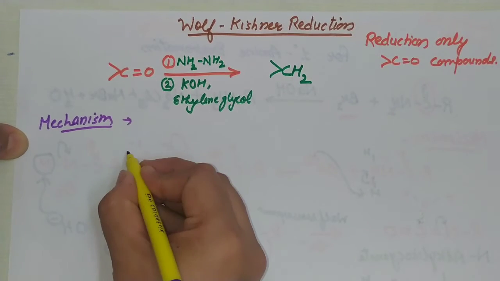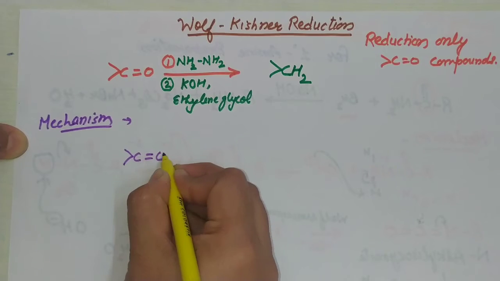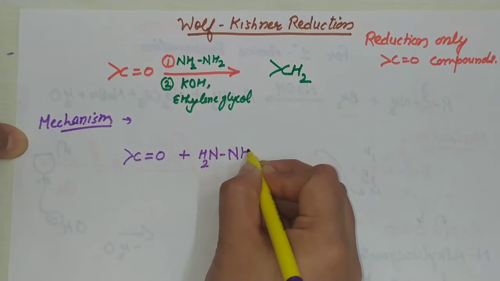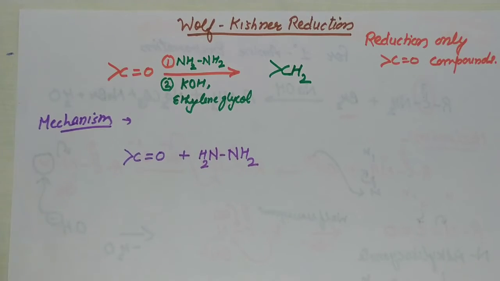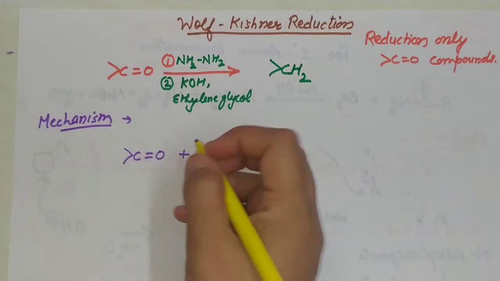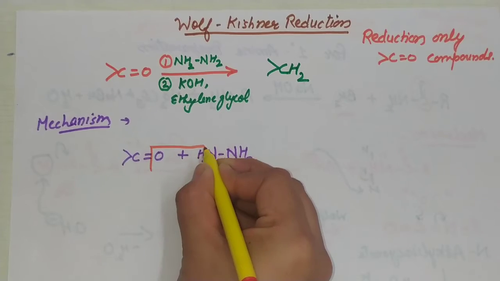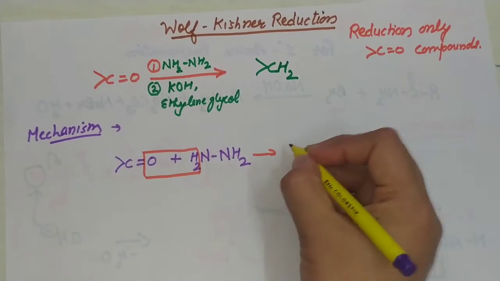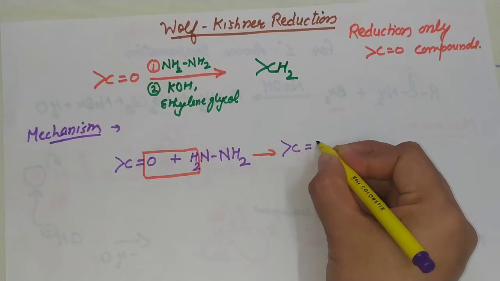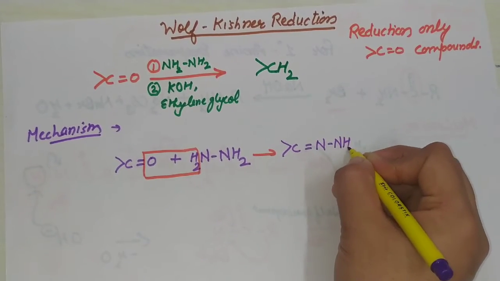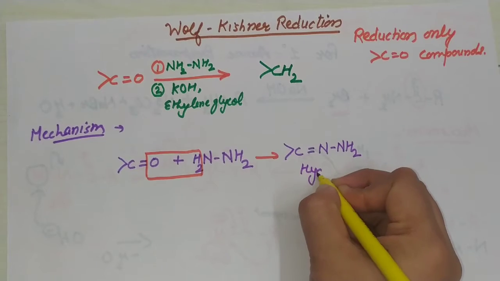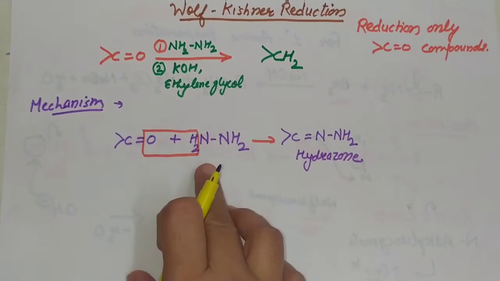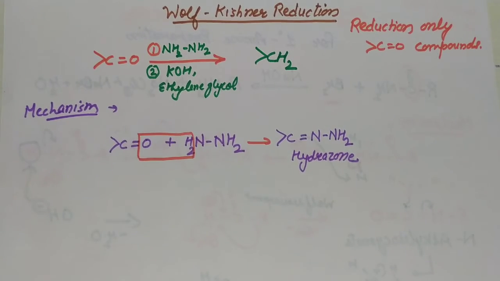In this mechanism, firstly, the carbonyl carbon reacts with hydrazine, H2N-NH2. Hydrazine is written like this so that it is clear that a water molecule is removed and C double bond N-NH2 is formed, which is known as hydrazone. When the carbonyl group reacts with hydrazine, it forms hydrazone. This is the first step.